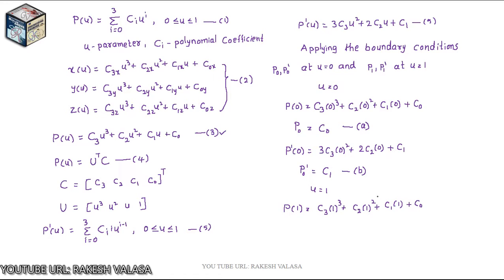Now substitute the previous results, that is C naught equal to P naught and C1 equal to P naught dash, in this equation, that is P1 equal to C3 plus C2 plus C1, where C naught equal to P naught, so plus P naught. This is equation number C.